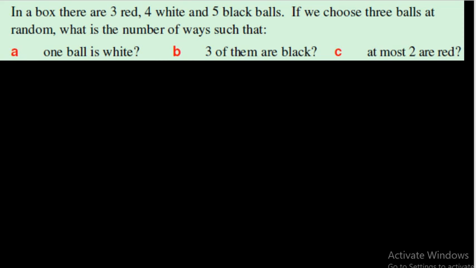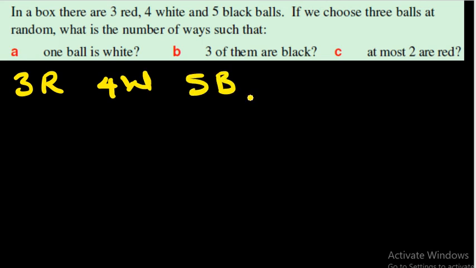Okay, the last question. In a box there are 3 red, 4 white and 5 black balls. If we choose 3 balls at random, what is the number of ways such that one ball is white? Okay, one ball white means we are going to choose, don't forget, 3 balls. This is the secret. 3 balls means one ball must be white.